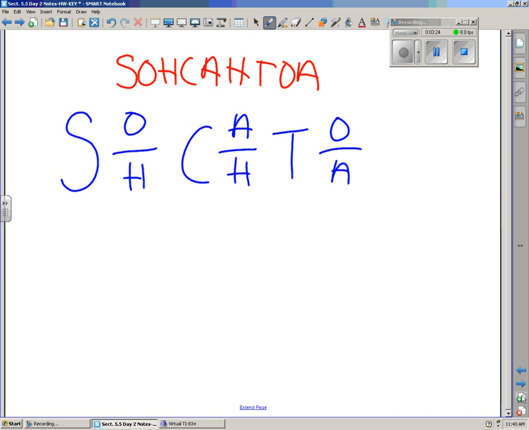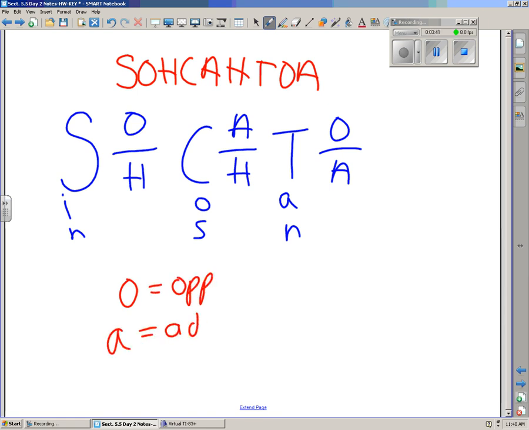The S stands for the sine. The C stands for the cosine. The T stands for the tangent. And then the O, the H, and the A should look familiar, because any O stands for the opposite, any A stands for the adjacent, and any H stands for the hypotenuse.